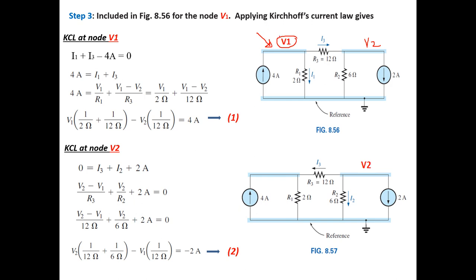I will just show you how to write the equations, and you can solve it by any method that you have already done in the previous example. So when I check it here, we need to assume that again the current is leaving the node. I'm talking about node number 1 now. So what we need to do is apply Kirchhoff's Current Law, which says all the currents entering equal all the currents leaving. So the current entering here is 4.